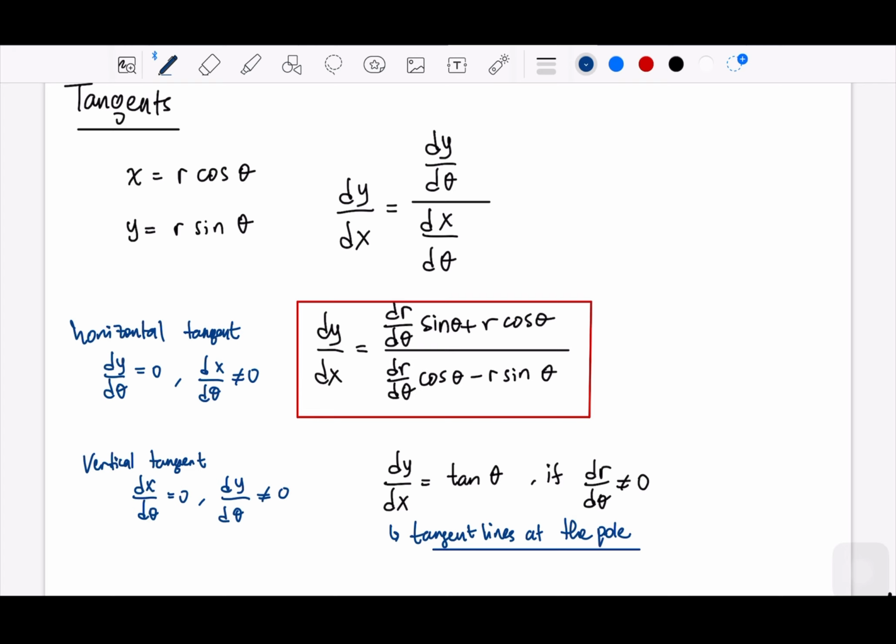Okay, those are typical questions for tangent, aside from finding the dy dx.